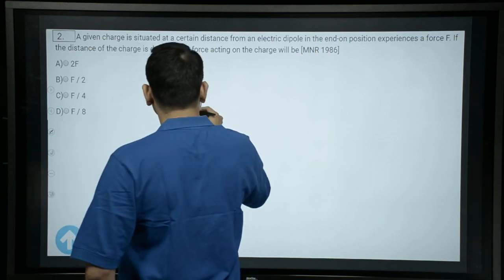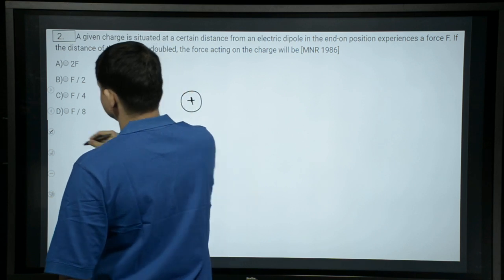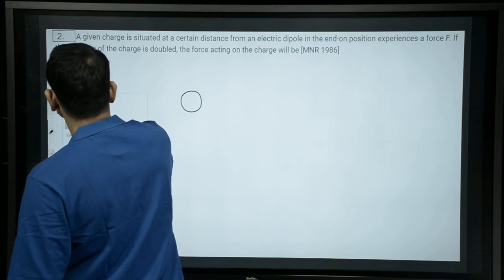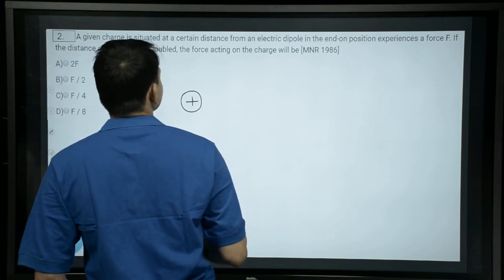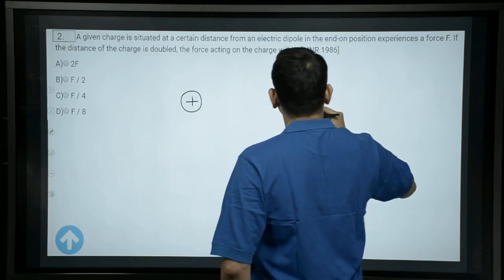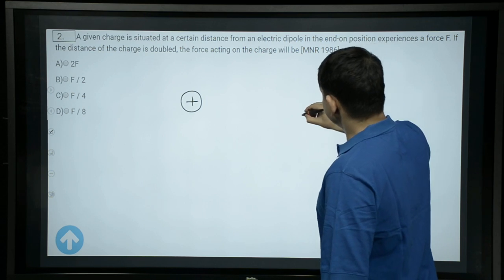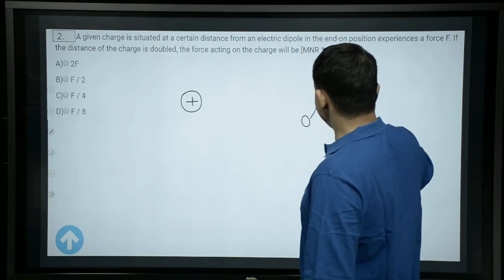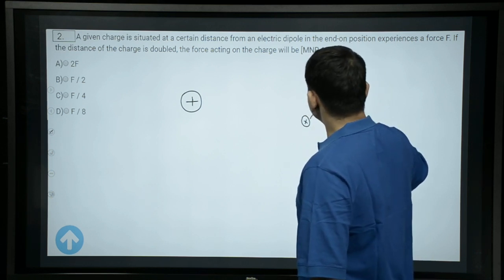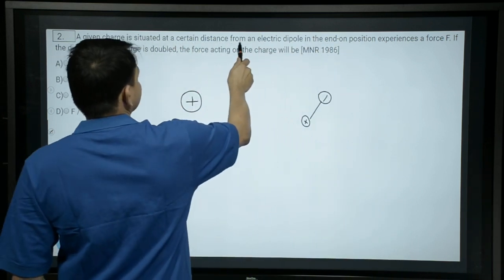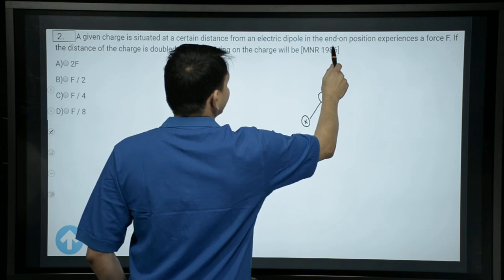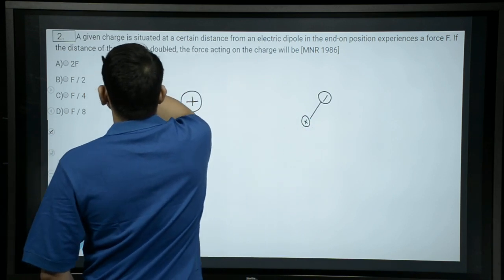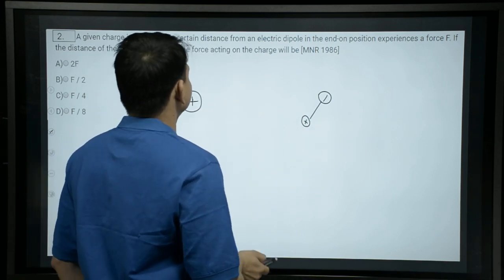Let's say it's a positive charge, and it is at a distance from a dipole. Sorry, a dipole, not a dipole moment.